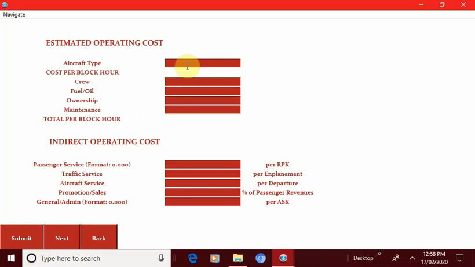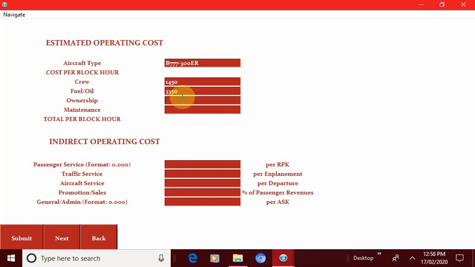Let's take that this flight is to be flown by a B777-300ER, and the cost per block hour, let's assume it's going to be something like $1,450 for the crew. Fuel and oil, say $3,350.